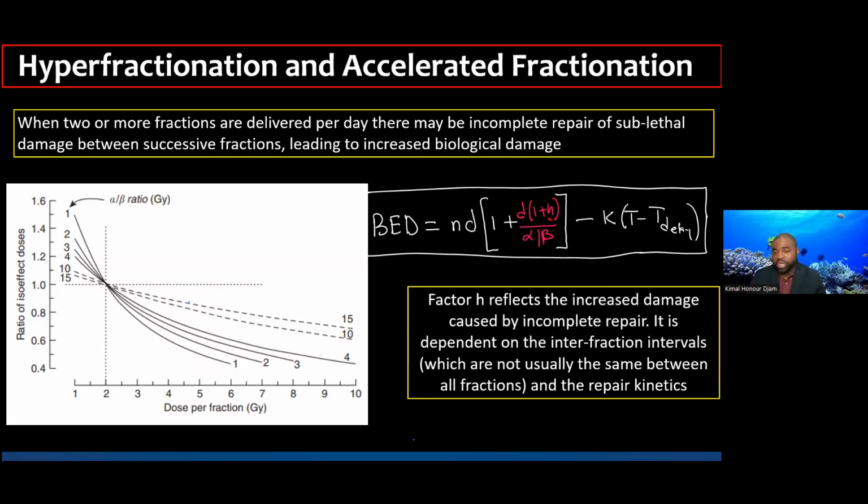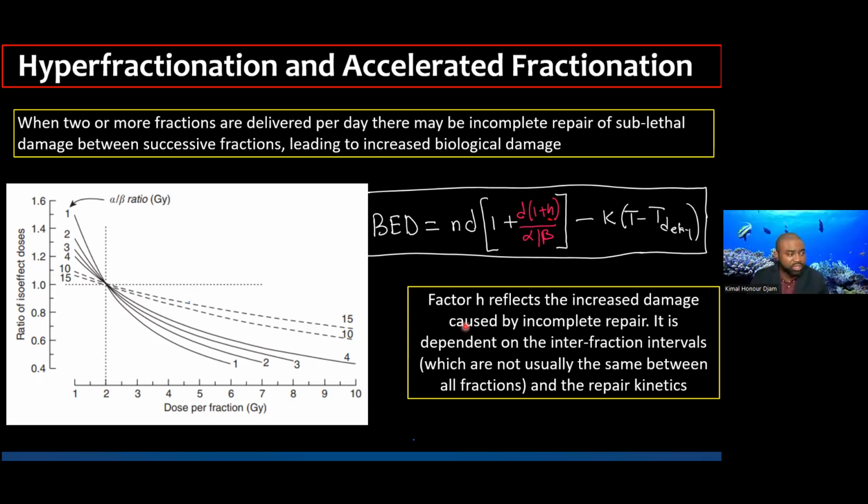And therefore, I recommend that if we want to practice hyper or accelerated fractionation, the dose per fraction should be given at least 6 hours apart to allow sufficient time for full repair of sublethal damage in late responding normal tissues.